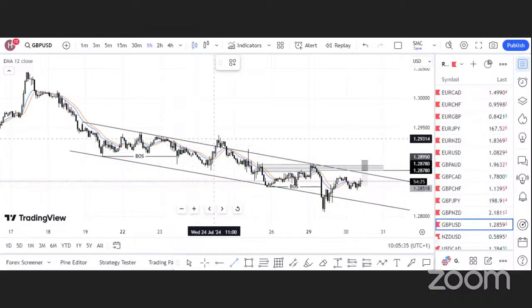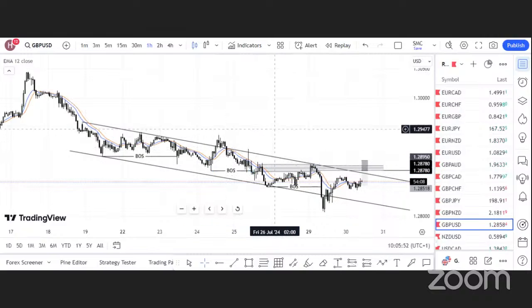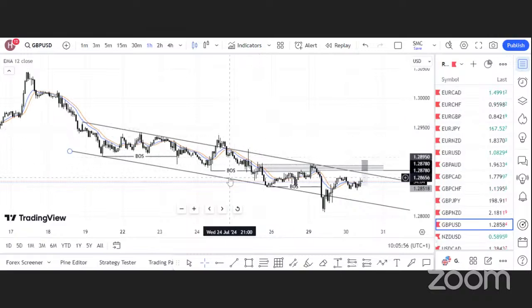So we're going to use this. Okay, so a high was created, and then after the high, you see another move, another leg broke structure and gave us another low.